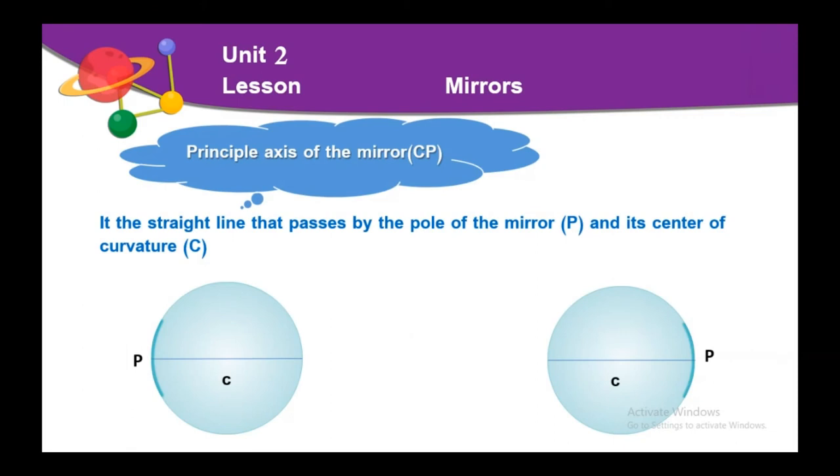This means that the concave and the convex mirror have only one principal axis. Why? Because it is the straight line that passes through the pole and the center of curvature.